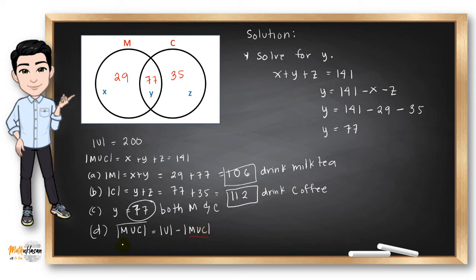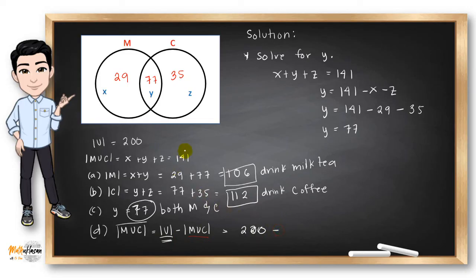Now, how about those who drink neither of the two? Okay, so this is just the cardinality of the complement of M union C. Or to be specific, the cardinality of U is 200 because there are 200 students in the survey.